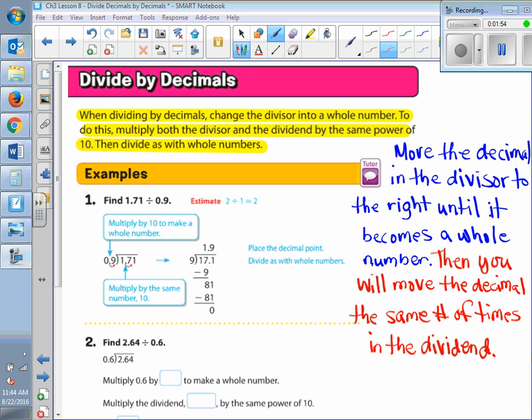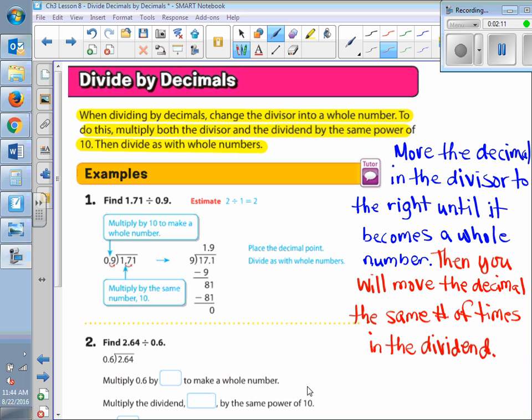That means that we are, yes, that means we are multiplying. Very good. See, it says up here, multiply both the divisor and dividend by the same power of 10.